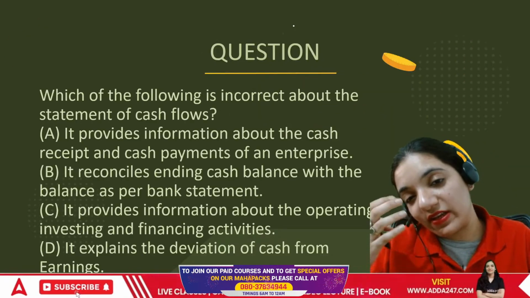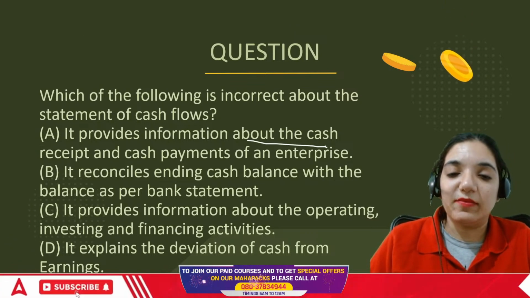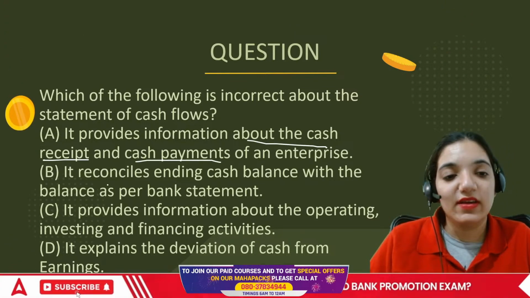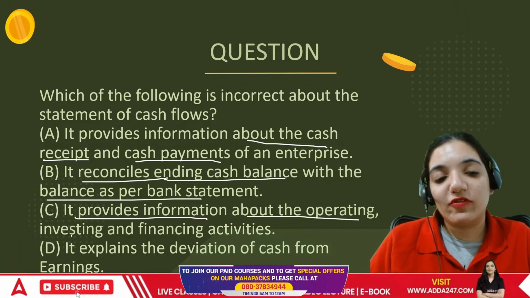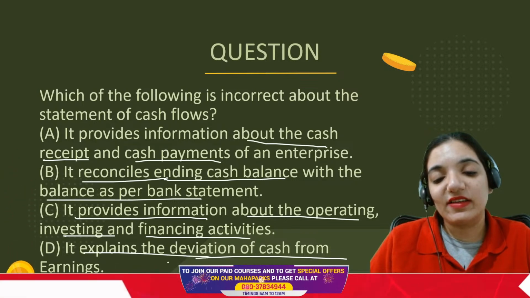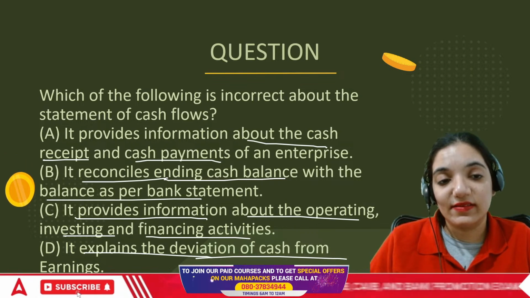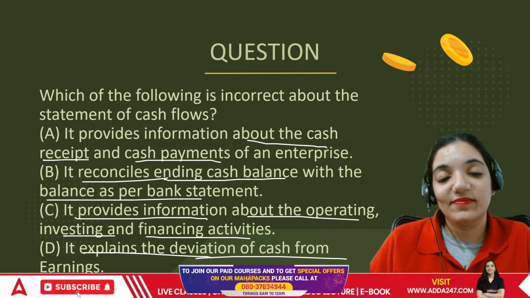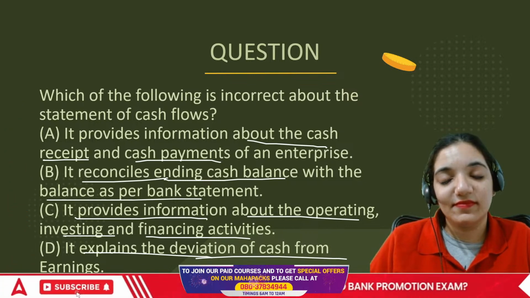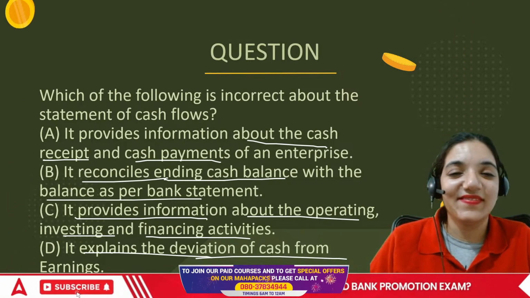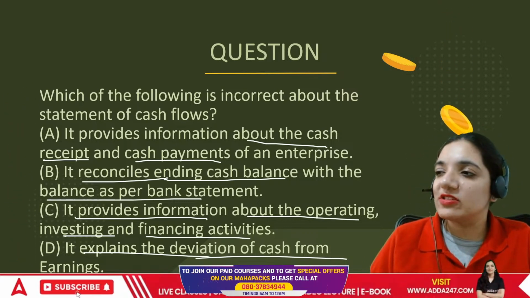Next question, which of the following is incorrect about the statement of cash flows? It provides information about the cash receipts and cash payments. It reconciles ending cash balance as per bank. It provides information on operating, investing, and financing. It explains the deviation from the earnings. Cash flow is basically when we receive money.